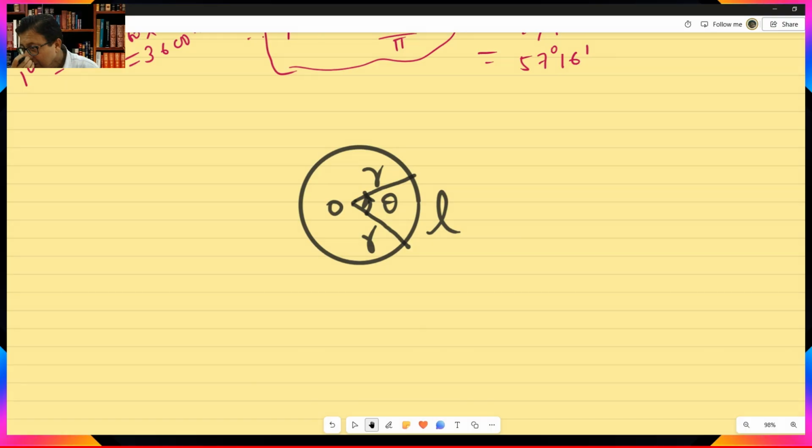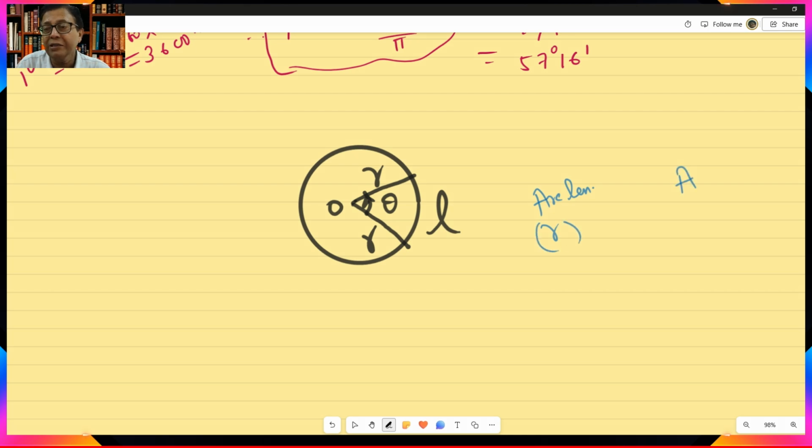A unit circle at the center makes an angle 2 pi, that we have learned. If we have taken an arc length 1, it forms 1 radian. If we have taken an arc length r, the angle formed at the center will be what? 1 radian.